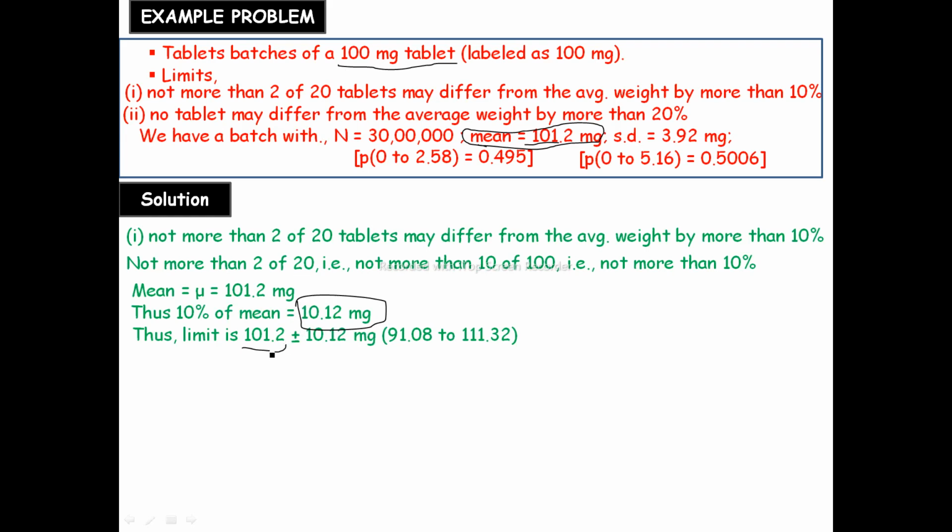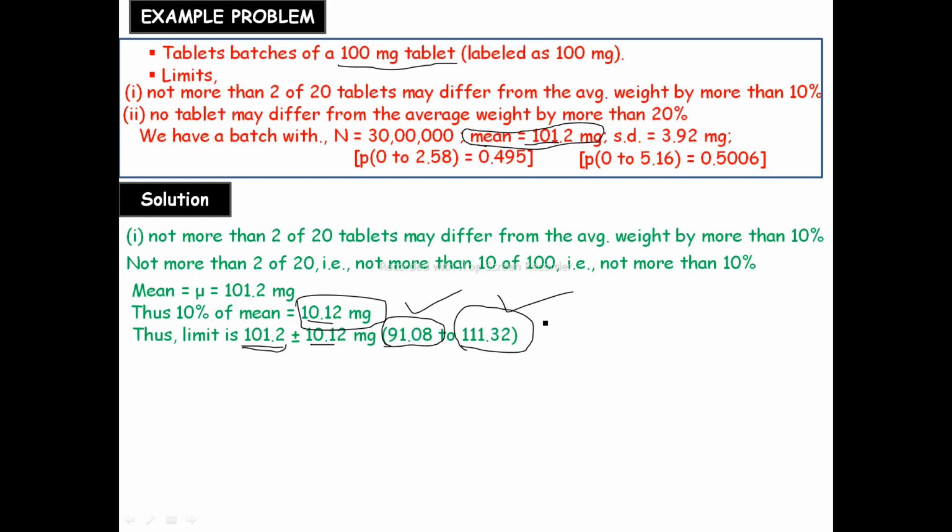So what we did: 101.2 plus 10.12, we got 111.32. Similarly, 101.2 minus 10.12, we got 91.08. So this is the difference. 10% of the tablets can be outside this much of limit.